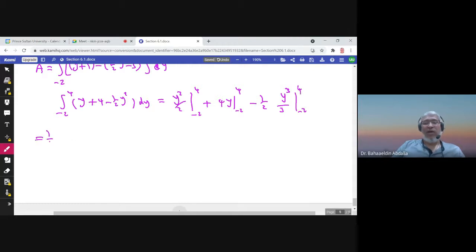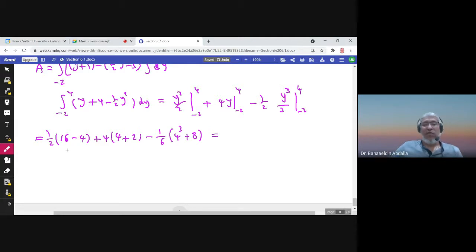So I will have half times 4 squared, which is 16, minus -2 squared, which is 4, plus 4 times y, replace it by 4, minus, replace it by -2, so it would be plus 2, minus 1 over 2 times 1 over 3, which is 1 over 6, and I have 4 to the power 3 minus -2 to the power 3, which gives you -8, so I'll have positive 8, and you just use the calculator and find the answer.